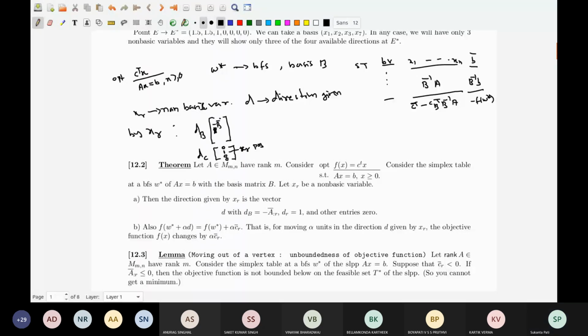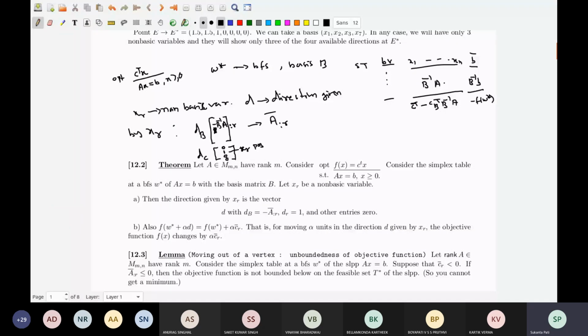A Rth column. That is basically the Rth column of A bar by our notation. This matrix is A bar.